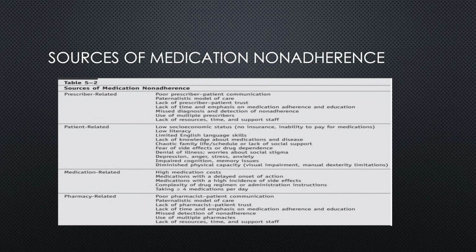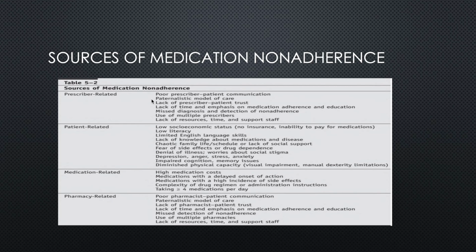Sources of medication non-adherence. So there are 4 types of sources. We have prescriber related, and in this case, this has to do with the prescriber, so us.